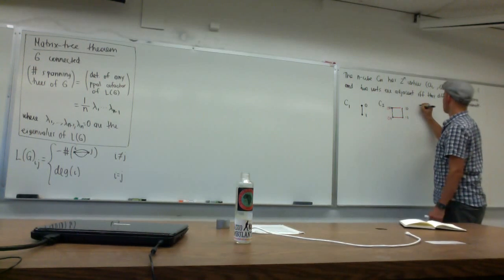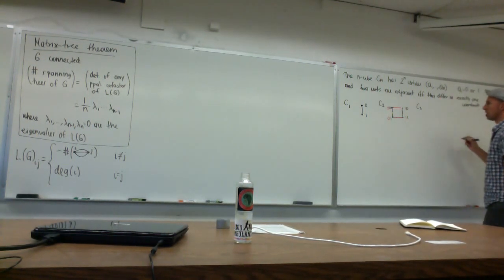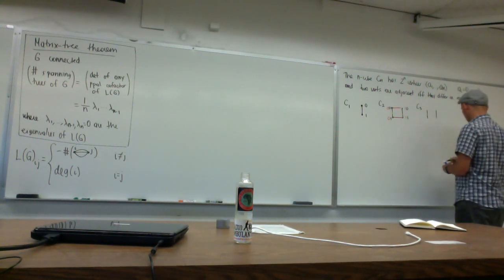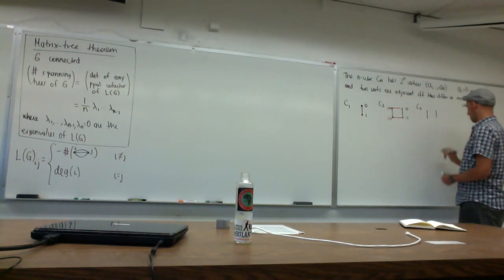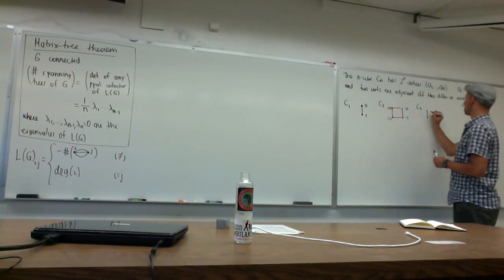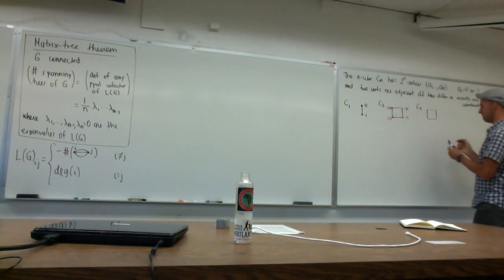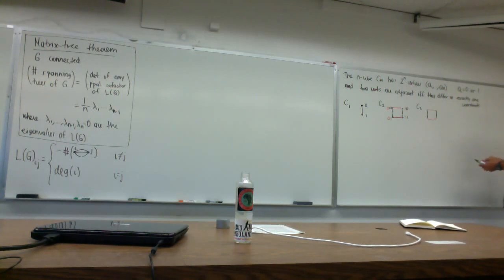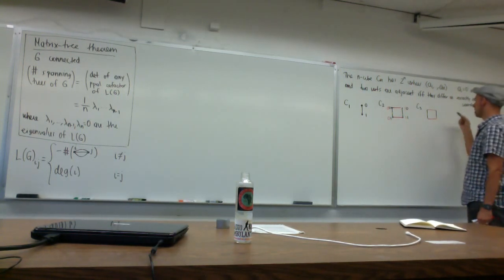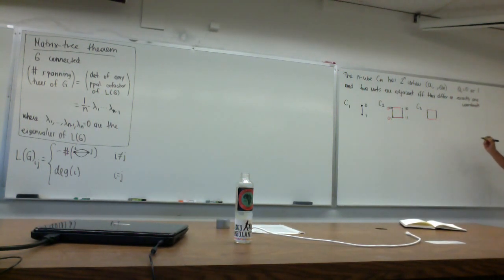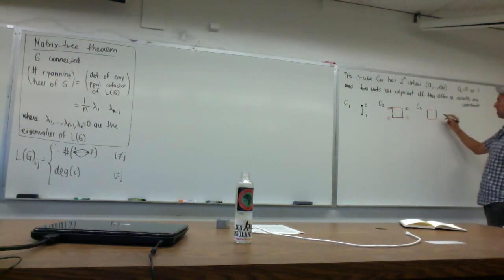Let's go to the next one. So this is what we are used to calling the cube. And so what I do is that I draw 2 copies of C2. So this is one copy of C2, and I'm going to do another copy of C2.